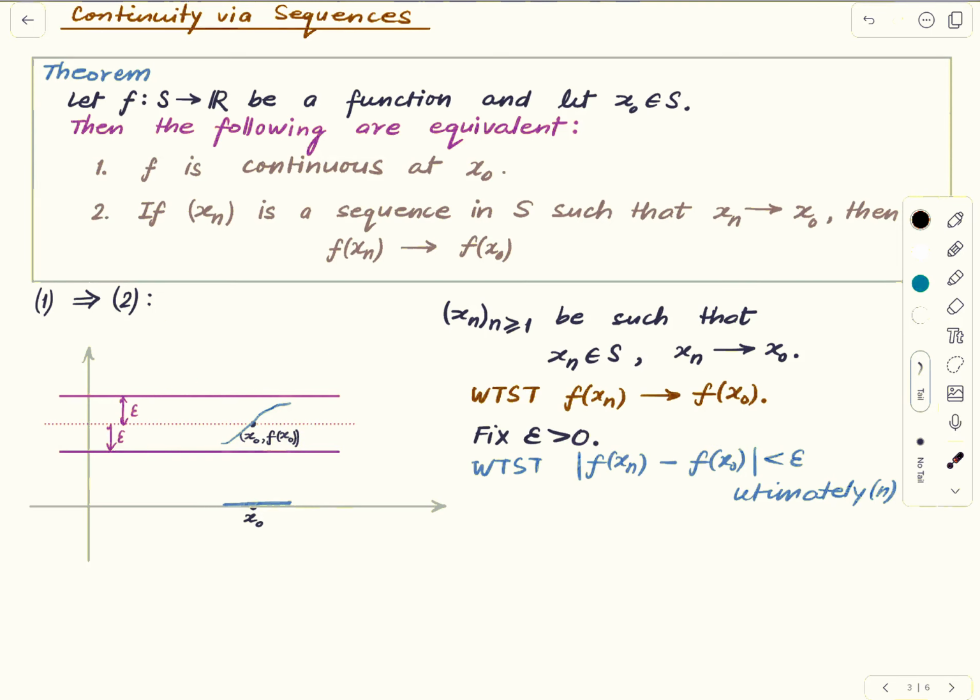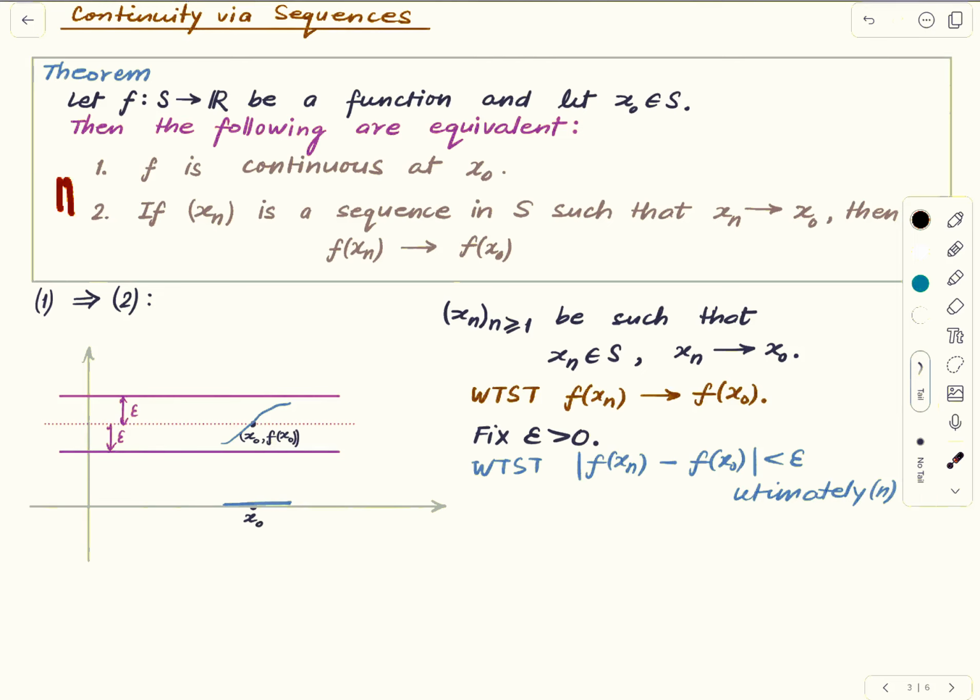So this is basically the idea. As you come closer and closer to the point x0, you must come closer and closer to the point f(x0). This is a straightforward argument, but please write down all the formal details in your notes.